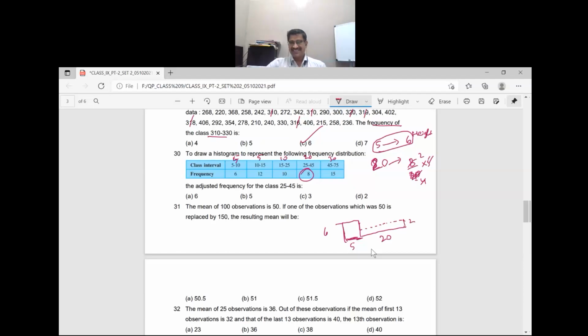This variety is the quality one: 5 chocolates 6 rupees, whereas the other variety is 5 chocolates for 2 rupees only, the cheaper one. Like that, the height reduced to 2. So the right answer is D.